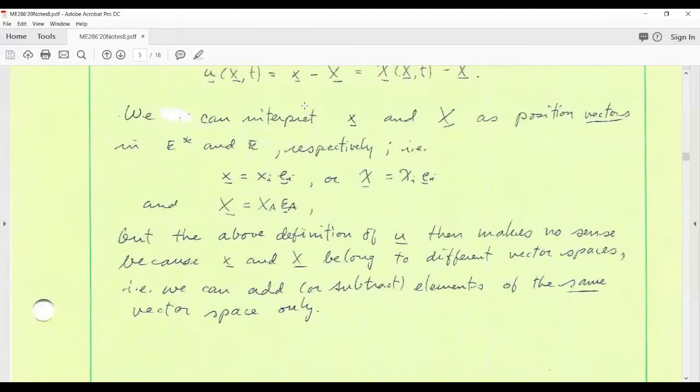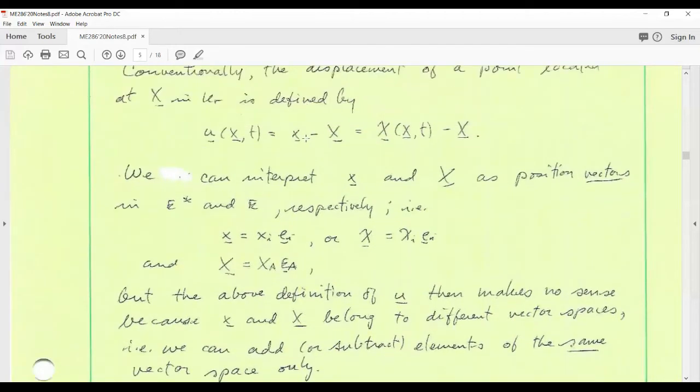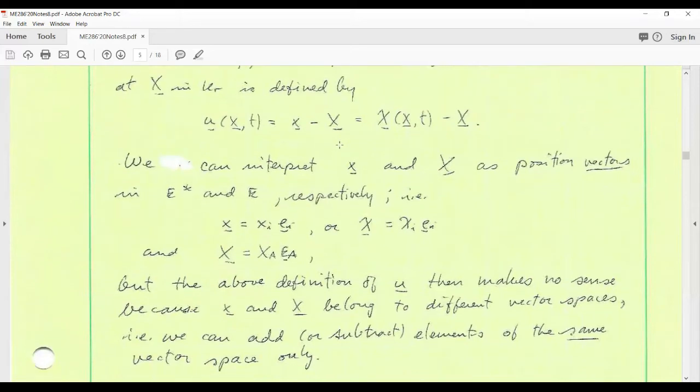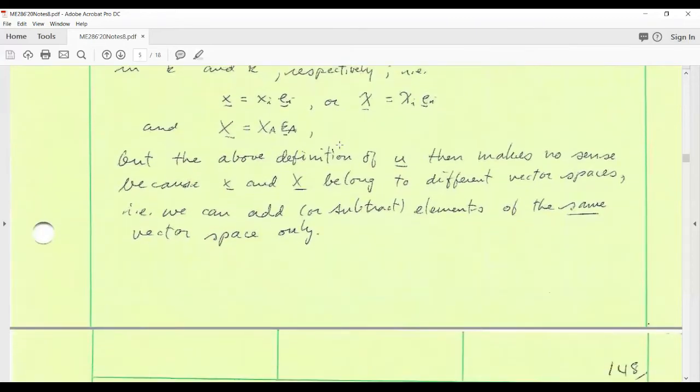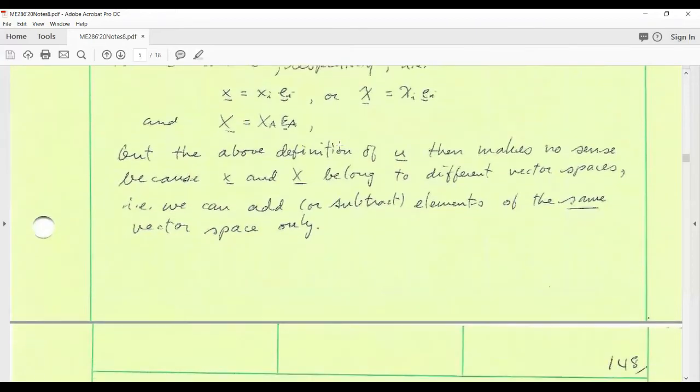So again, I want to emphasize, as it stands, this operation is mathematically forbidden because vector addition and subtraction is only defined for elements of a given vector space. You're subtracting apples and oranges, essentially, right? You're subtracting two quantities that live in different spaces. Not allowed, not a defined operation.